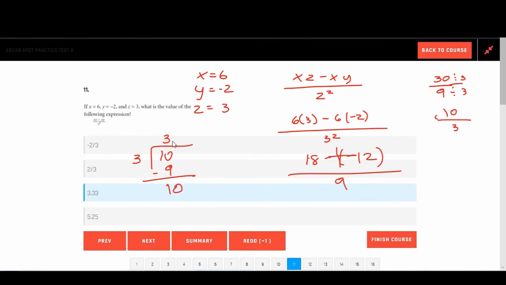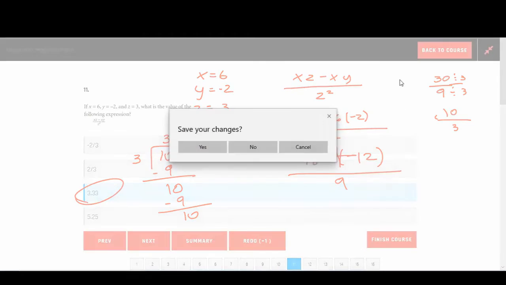When we add that 0, we have to add a decimal place right there. 3 goes into 10 3 times. 3 times 3, of course, is 9. Subtract. Drop down a 1. Again, we have to add a 0. As we can see, this is going to repeat, so this is going to be 3.33 repeating. Okay, so that's that one.